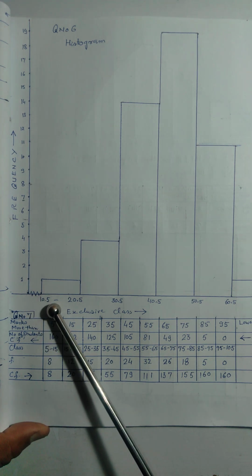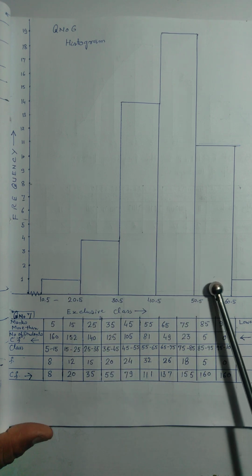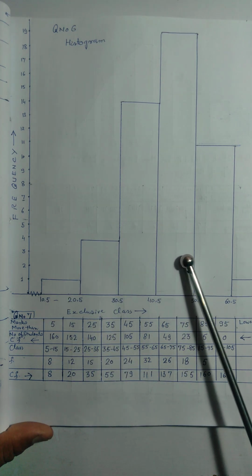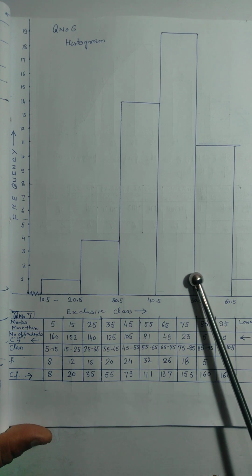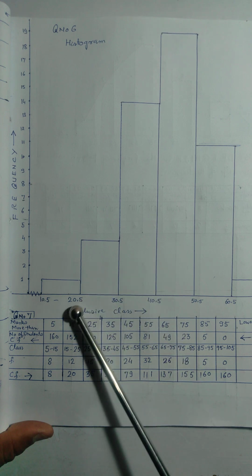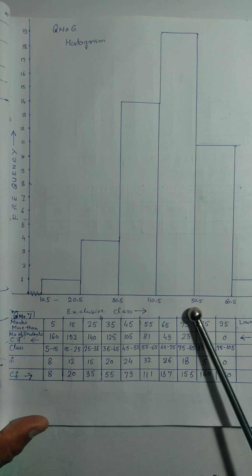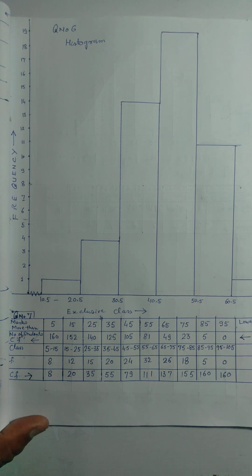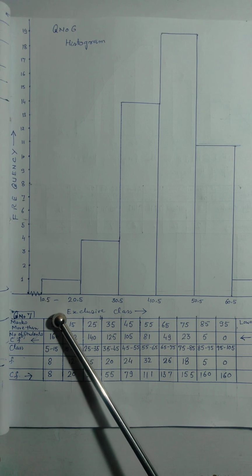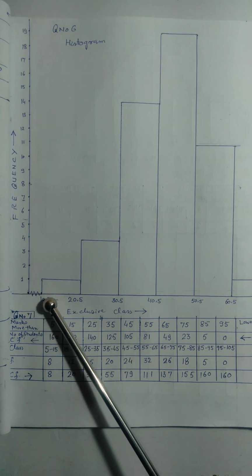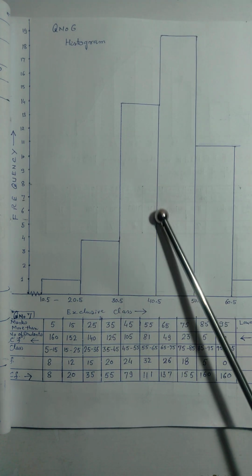So in order to save space, and to make the histogram clear and attractive, we use it. So you see 10.5, 20.5, 30.5, 40.5, 50.5, 60.5, 70.5, and the frequencies have been given. With the help of the frequencies, we have prepared the bar graph, you can say the histogram.